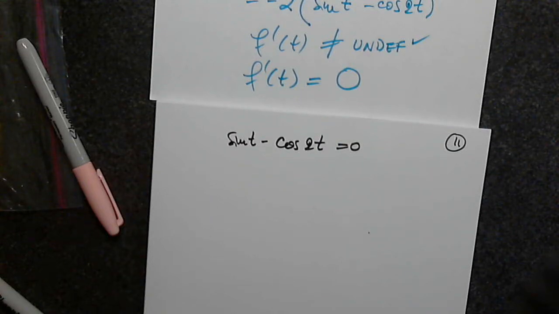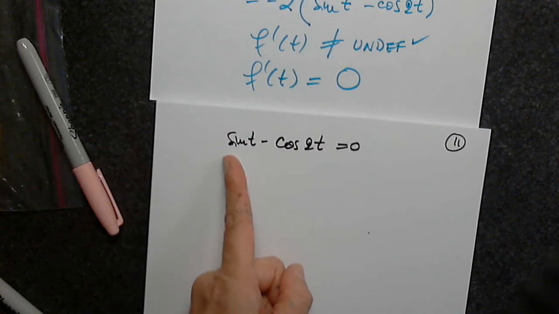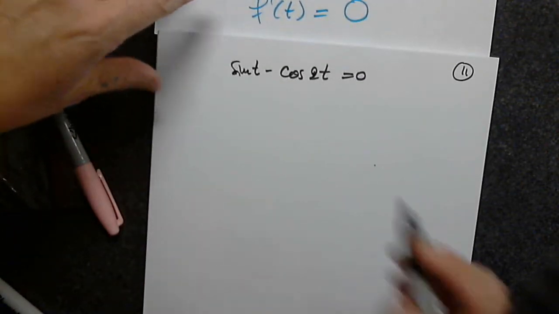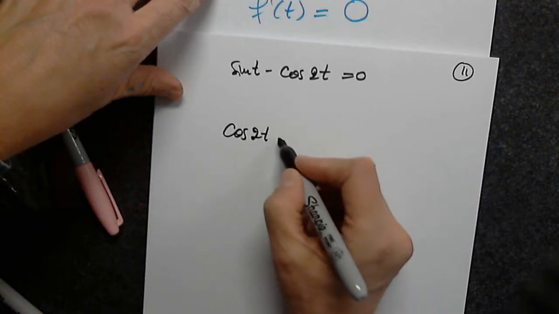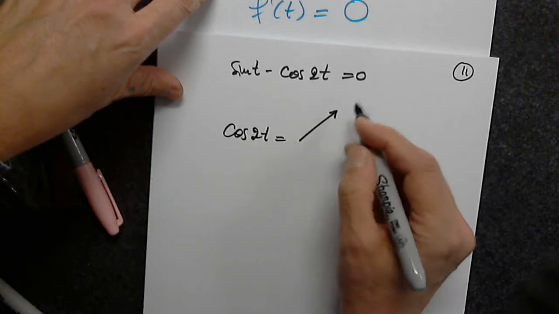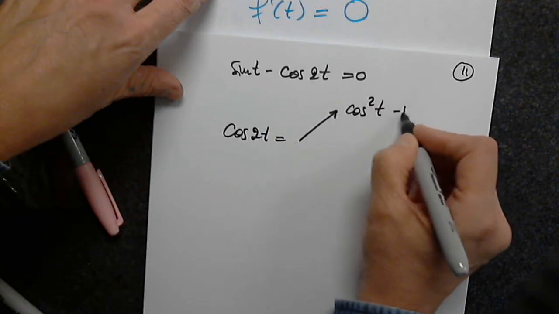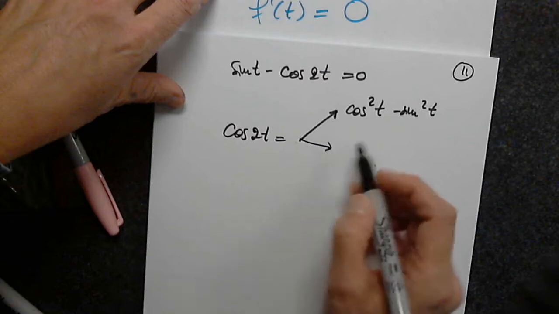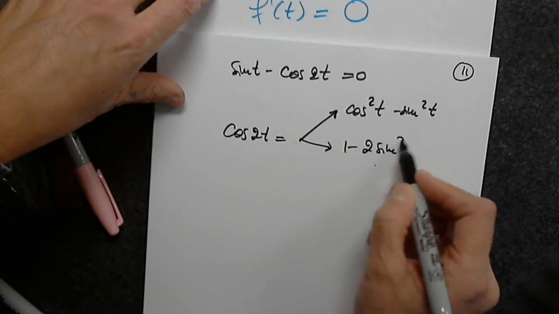So I need to change this in terms of sine. How do I change cosine twice t in terms of sine? There are 3 identities for cosine twice t. Here's one: cosine squared t minus sine squared t. Here's the second one: 1 minus twice sine squared t.